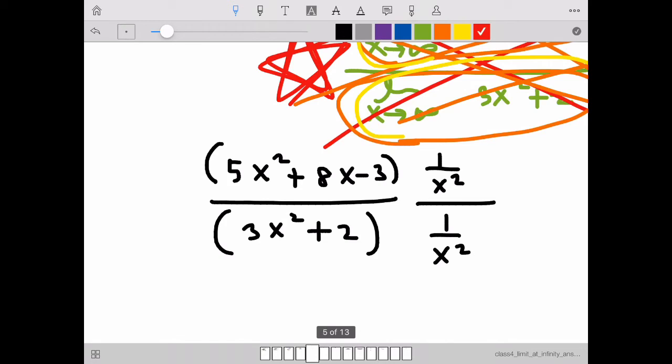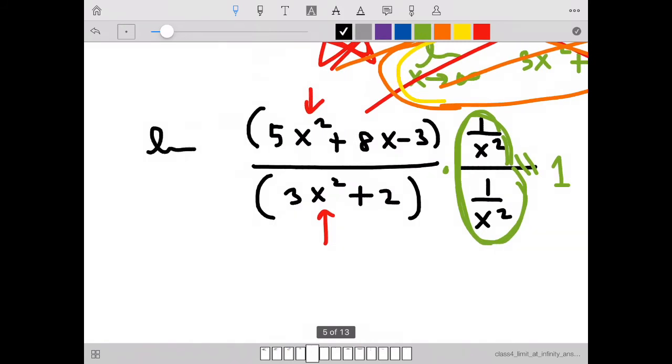Highest power. That's x squared and that's x squared. So we are dividing by x squared. So this is actually 1, right? That whole fraction is 1. So by multiplying 1, I am not changing my original function. But by doing this division, I can change the limit into finite numbers.